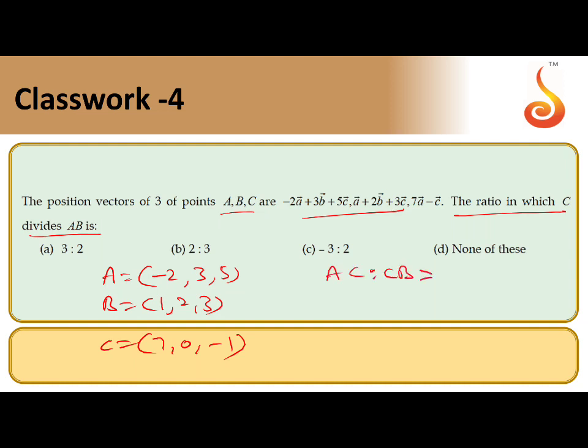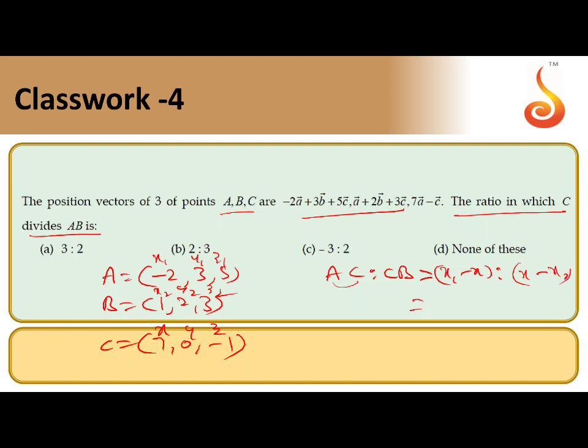There is one shortcut formula. Take x1, y1, z1 and x2, y2, z2 as the two end points, and take x, y, z as the point that divides. AC means the difference of x coordinates of A and C. It is x1 minus x is to x minus x2.